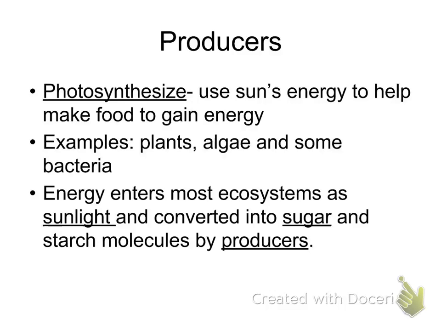These little microscopic plants in the ocean are responsible for a lot of the photosynthesis that takes place on Earth. So energy enters most ecosystems as sunlight, and then it gets converted into sugar and starch molecules by producers. The sunlight is really the ultimate energy source. That's how it's getting everything going. And then that sunlight is what's breaking up that carbon dioxide and water to make it into that sugar or glucose so that it's available for other organisms.